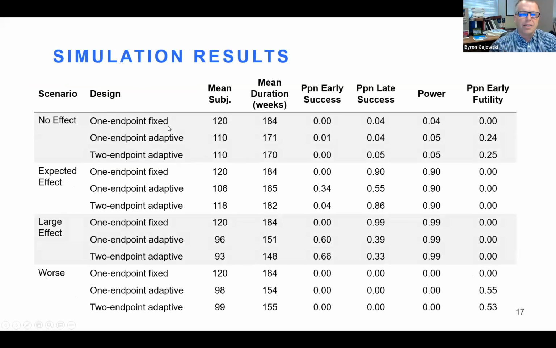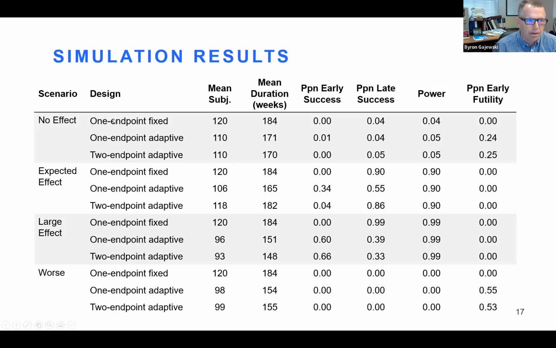What that means basically is randomizing 1-to-1, enrolling 120 participants, getting their follow-up, and calculating a p-value less than or equal to 0.05. We do a Bayesian version of that, but that's the fixed trial design. There's no stopping early. The one endpoint adaptive just uses FGV to stop the trial early.